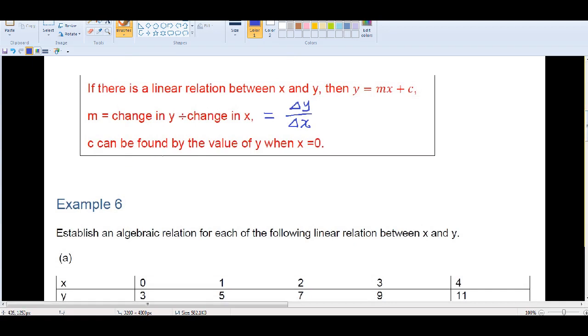And c can be found by the value of y when x equals 0. So c is the value of y when x equals 0.